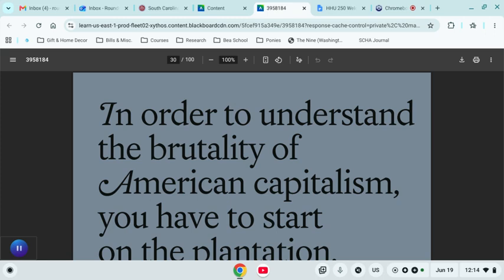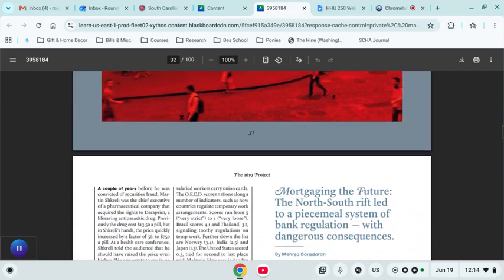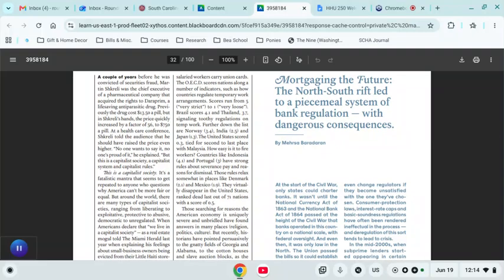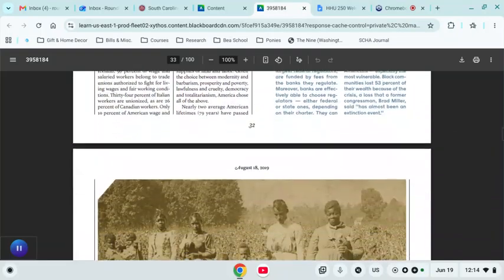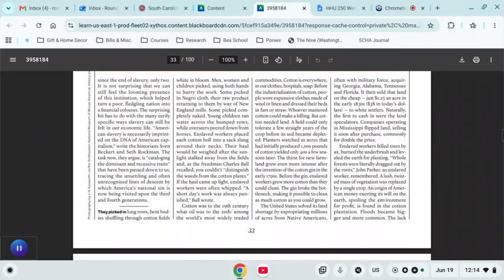If you go to page 30, there is an essay here by a scholar named Matthew Desmond, and it is about how the institution of slavery shaped the economy of our country and still shapes our economy and is partly responsible for a lot of the wealth inequalities that our economy still has.